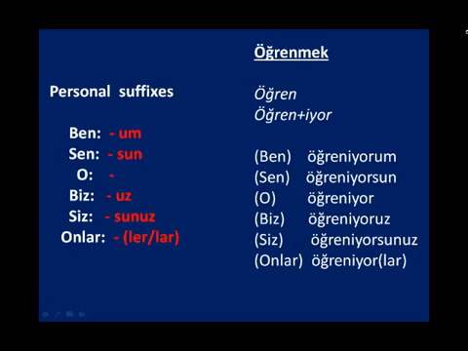For ben and biz, that is not possible, because if you omit the R, then you have two vowels together. Ben öğreniyorum. So in that, we don't do it, but in the others, we do. So what we pronounce here is this. Ben öğreniyorum, sen öğreniyorsun, o öğreniyor, biz öğreniyoruz, siz öğreniyorsunuz, onlar öğreniyorlar.